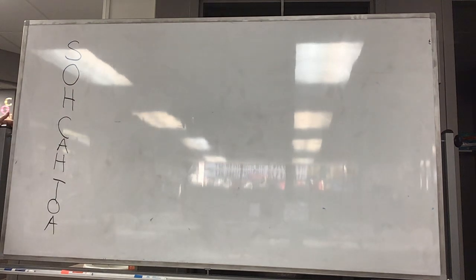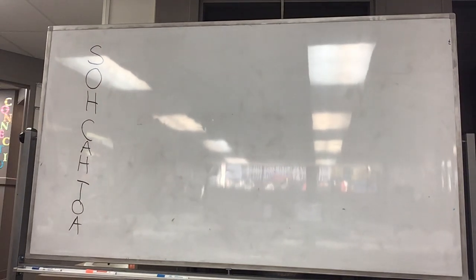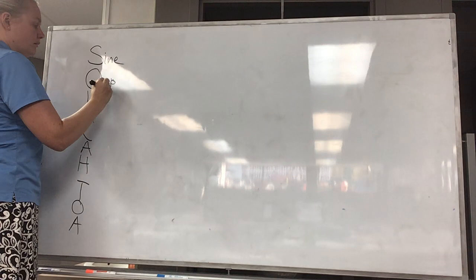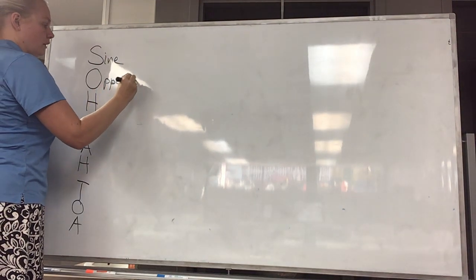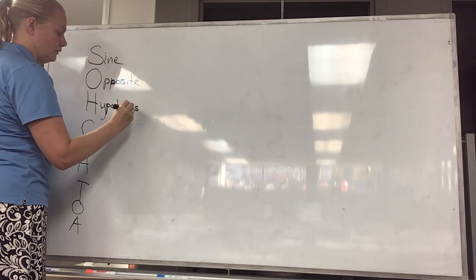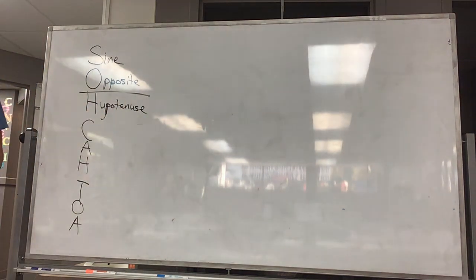A lot of people I see write this across the top, but I prefer to do it this way because sine is opposite over hypotenuse, and you literally have your fraction there. Opposite over hypotenuse.